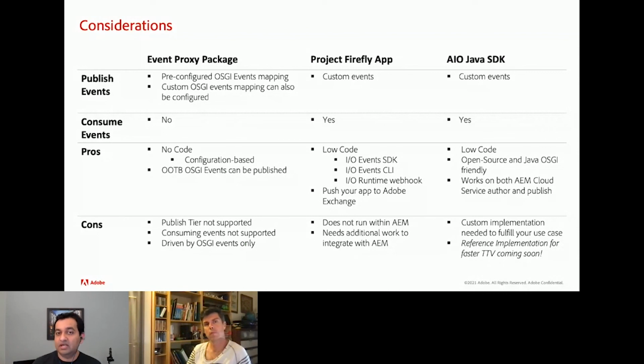With the Java SDK, you need to write some custom code on top of the SDK for your own business case. We are working on a reference implementation using the Java SDK in AEM Cloud Service, so that's coming soon. With that, you should be able to be as configuration-driven as possible, essentially without any coding needed.